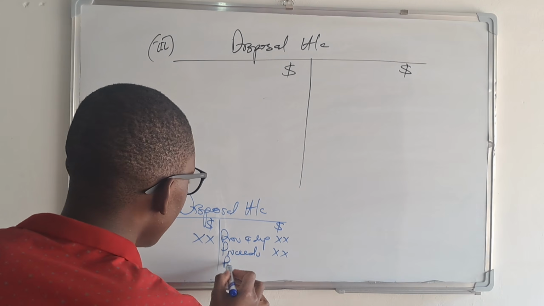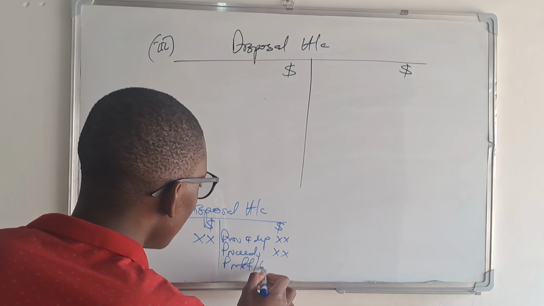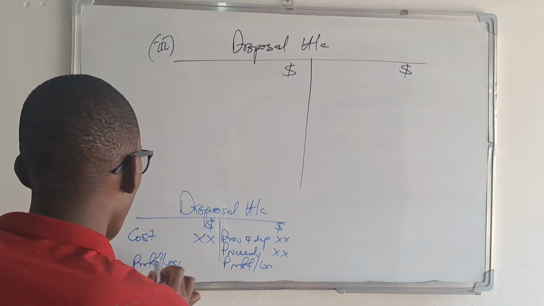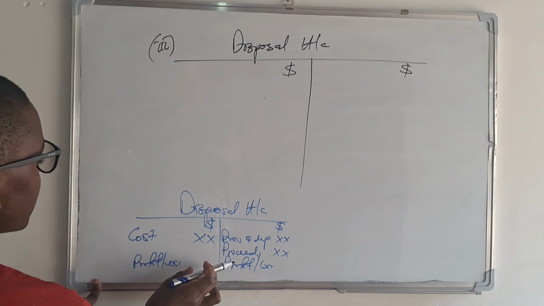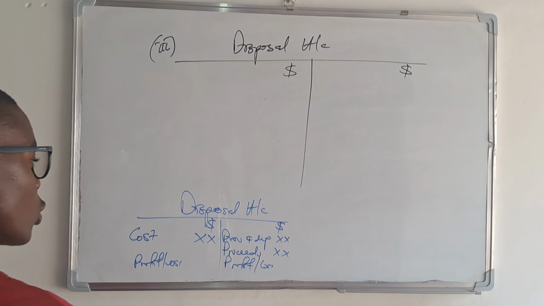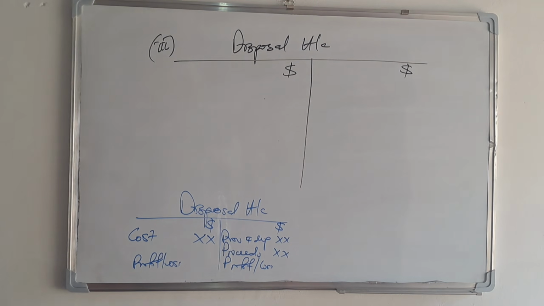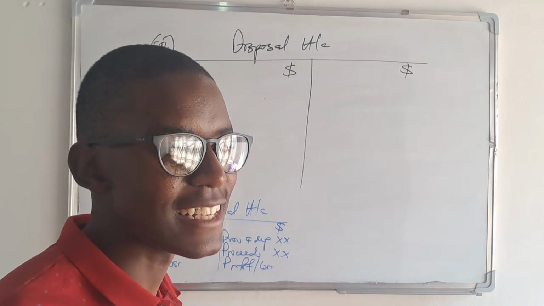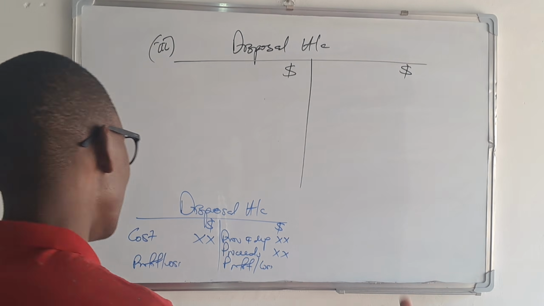Then it's either you're going to have a profit or loss. Here I want you to go and research: when the balance appears on the debit side, is it a profit or loss? When the balance appears on the credit side, is it a profit or loss? That's your homework for today in this lesson. I hope you're going to go and research.